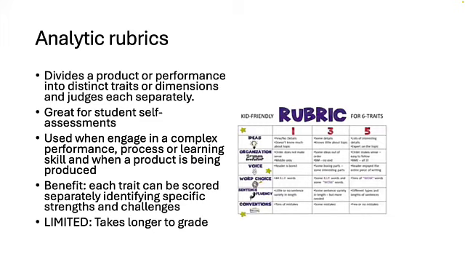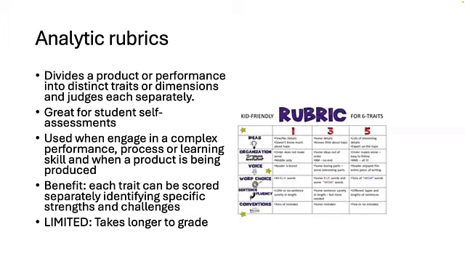Analytic rubrics. Now we're getting to the nitty gritty. You can do all kinds of stuff with analytic rubrics. Divides a product or performance into distinct traits or dimensions and judges each separately. So a kid can be great at one criteria and still need help. And using analytic rubrics, you can tease out what those criterion are. It's great for student self-assessment, used when engaged in a complex performance, a process of learning, or a skill when a product is being produced.